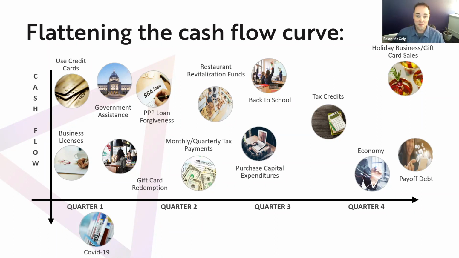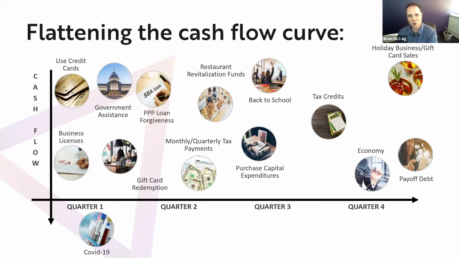Or, at my old restaurant, it's always patio season. Patio season is going to crush us. We do about double the sales in patio season than we do the rest of the year. Guess what? That's when I'm going to pay down more of my debt, purchase some of those capital expenditures and invest more in my business. The better you are at this, the better you are at planning for the entire year.